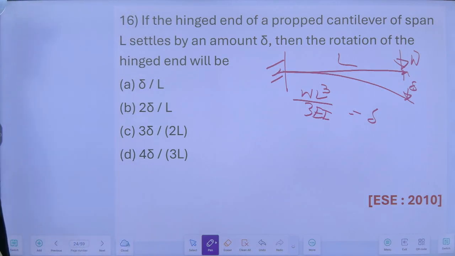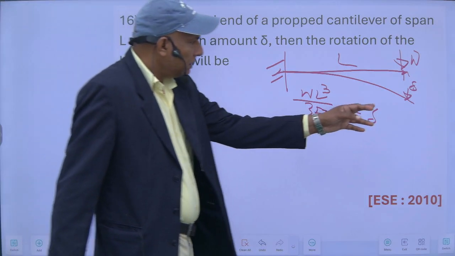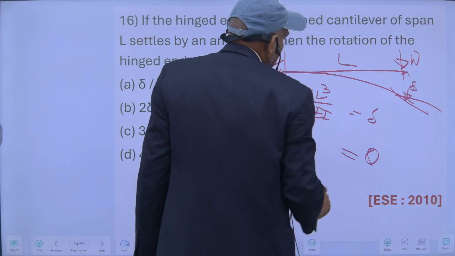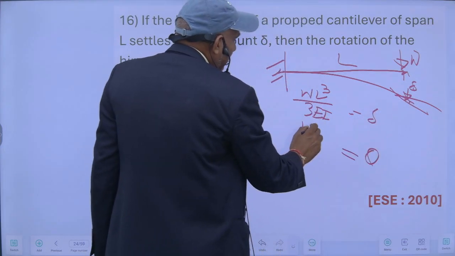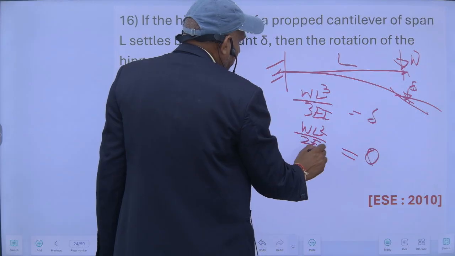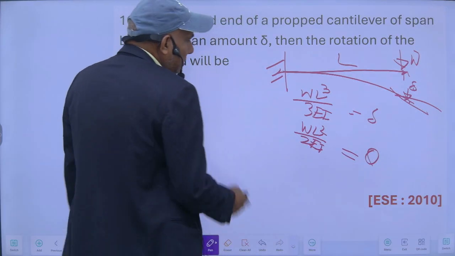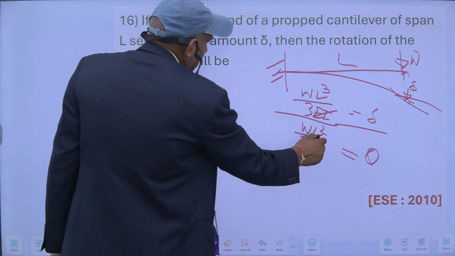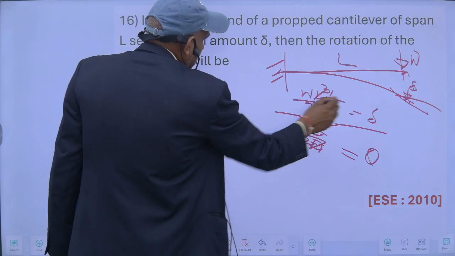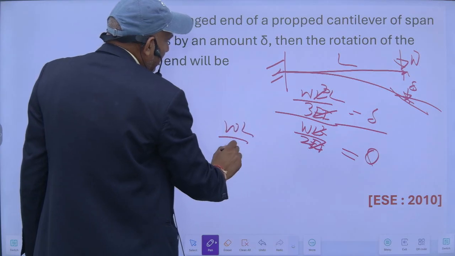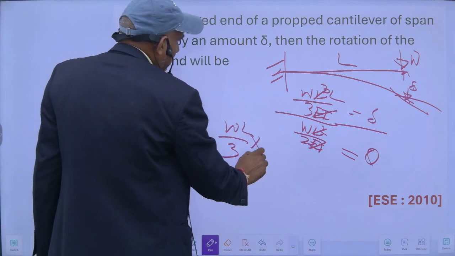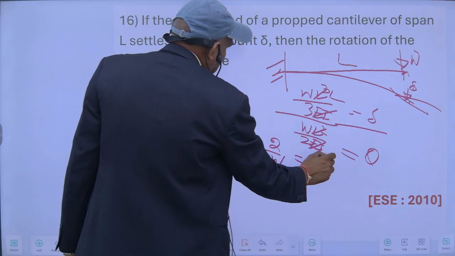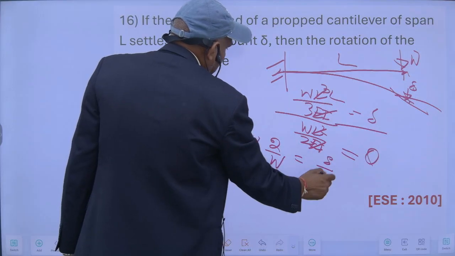Suppose this is the load. Now the rotation at this end, this is the rotation theta. What is the formula? Theta is equal to WL square upon 2EI. This I have to know. So dividing delta by theta, I get WL cube upon 3EI into 2EI upon WL square, which is delta upon theta.